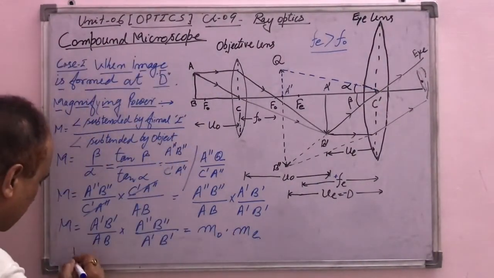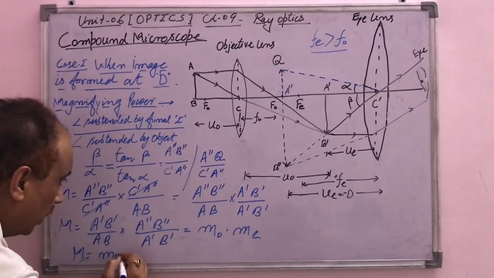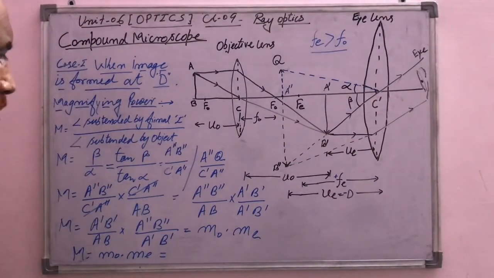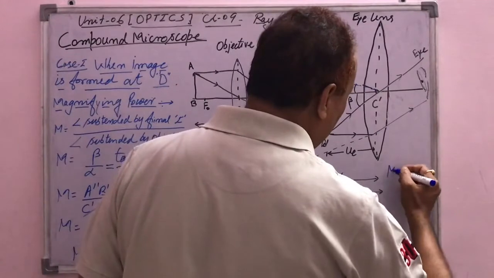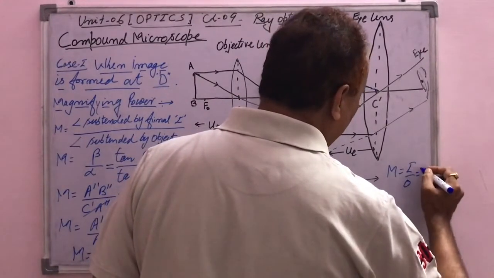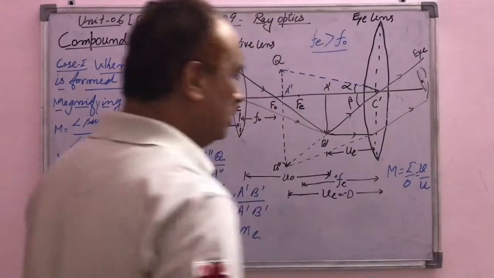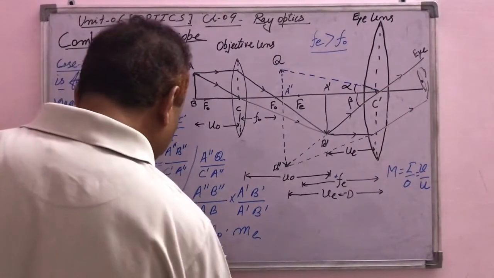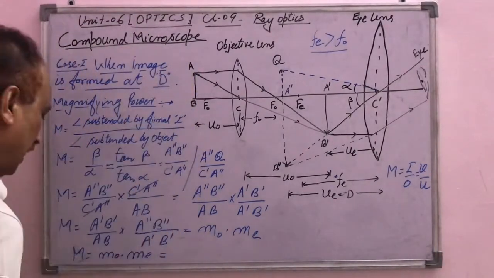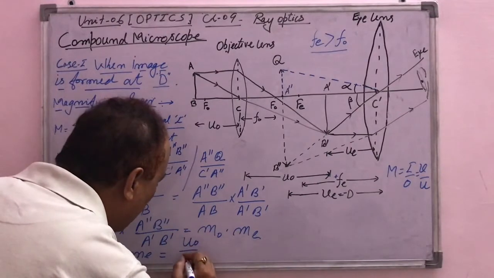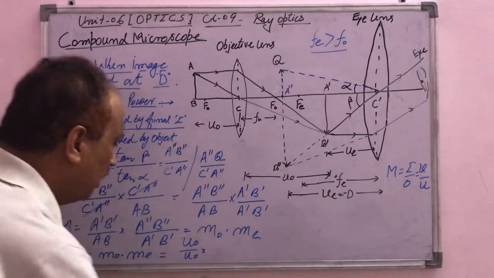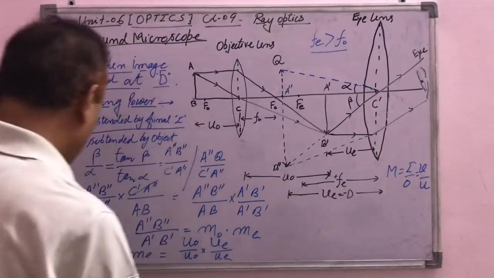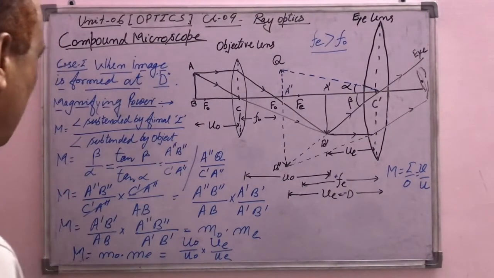So M is equal to MO into ME, and we know that the magnifying power is also I upon O, and I upon O can be written as V upon U, the distance of the image divided by the distance of the object. Similarly, we write the value of MO for the objective lens, equal to VO upon UO, into ME, equal to VE upon UE. So this is the formula for the magnifying power of the compound microscope.